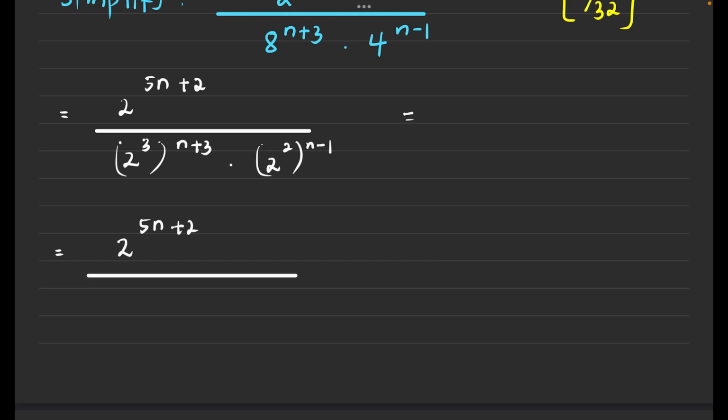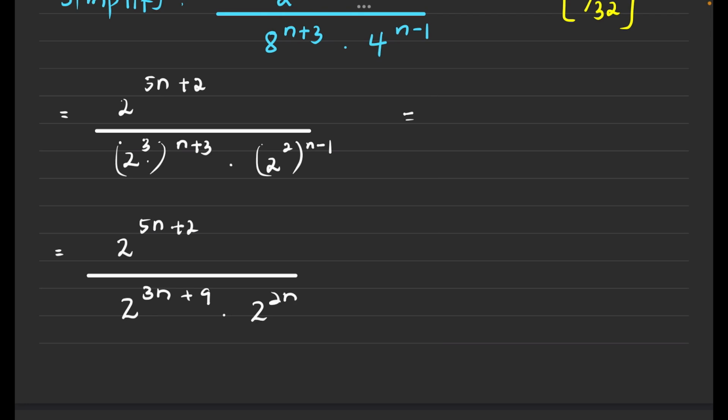And then underneath, I'm going to utilize the power rule where this 3 is going to multiply by n plus 3. So it's going to be 2 to the power what? 3n. 3 times 3, that's going to be a 9 multiplied by 2 to the power what? 2 times n, that's going to be 2n right there.